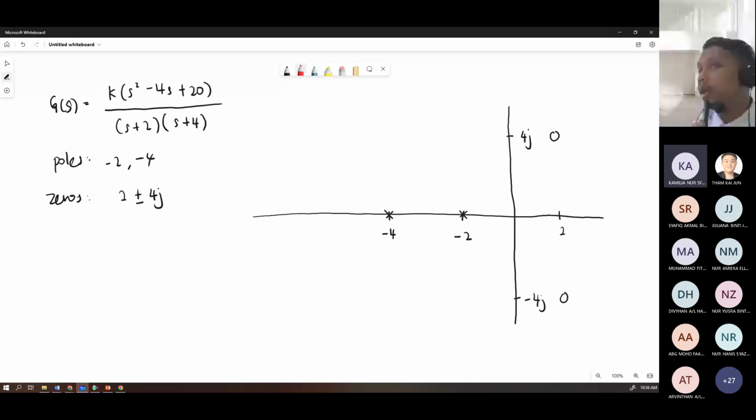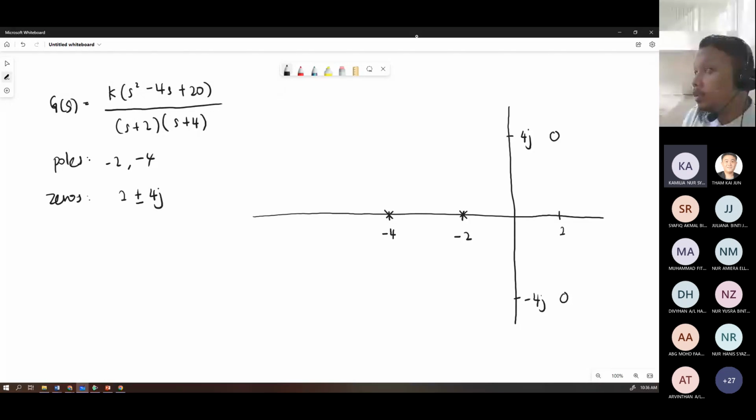Now we can determine on which location on the real axis the root locus will exist. We can identify the location by counting the number of poles and zeros.